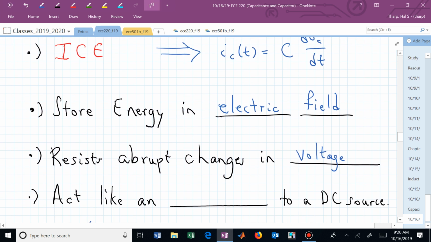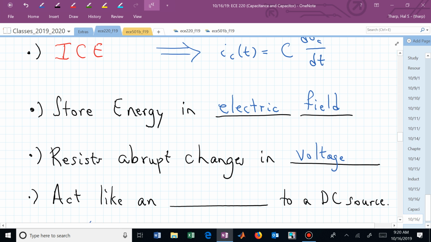And now, what does this capacitor look like circuit-wise when it's in a steady state or when we have a DC source? What happens to capacitors? So it's the dual. An inductor looks like a wire. A capacitor is the dual. It now opens up.